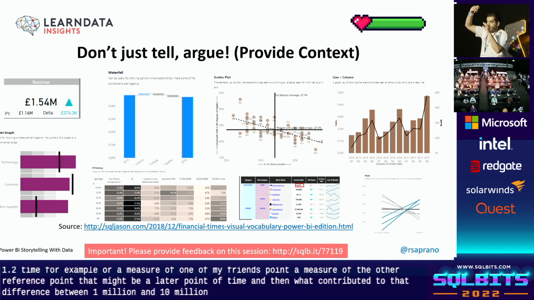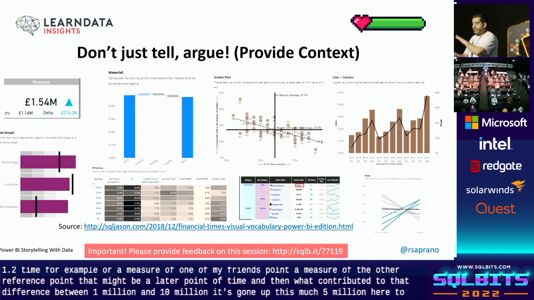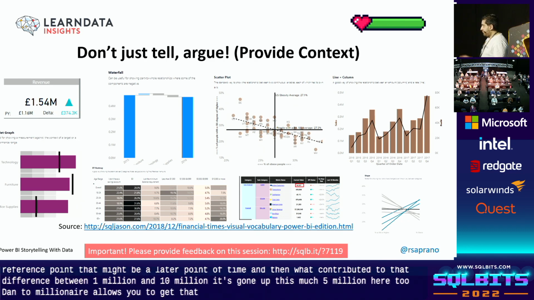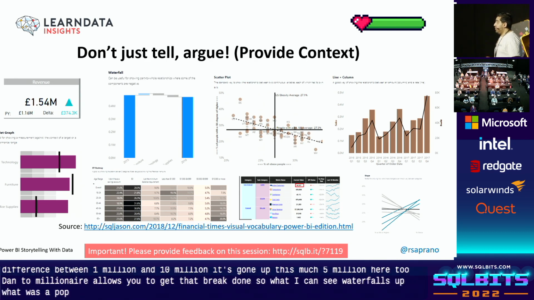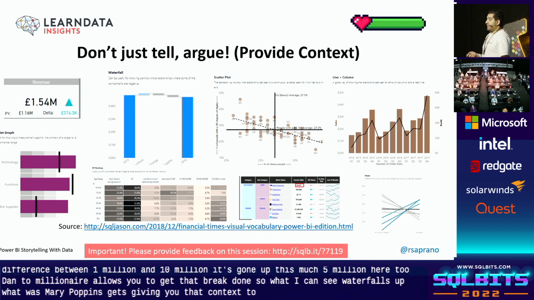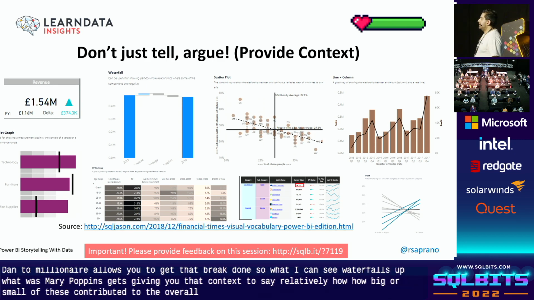It's gone up this much, 5 million here, down 2 million there, allows you to get that breakdown. So I can see why waterfalls are very popular. Again, it's giving you that context to say relatively how big or small of these contributed to the overall difference.